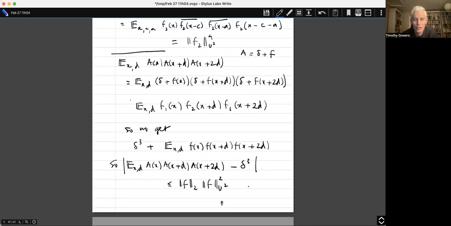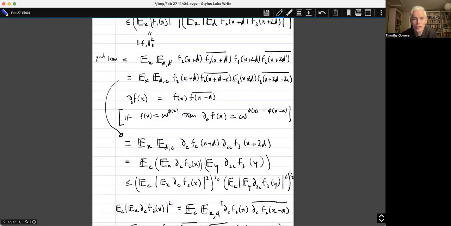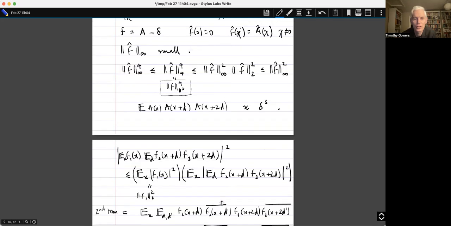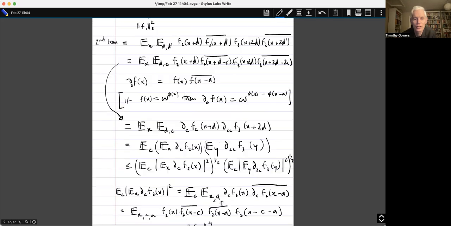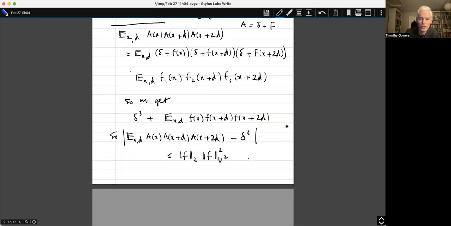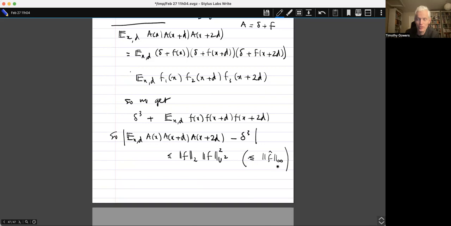And if we just remind ourselves that the u2 norm of f squared, where's it gone? I've lost it. Here we are. So the u2 norm of f squared is at most f hat of infinity by this inequality here, which was very simple. So we can also deduce, and this is at most 1, so brackets, because we're not really trying to talk about Fourier analysis, that it happens also to be at most this.